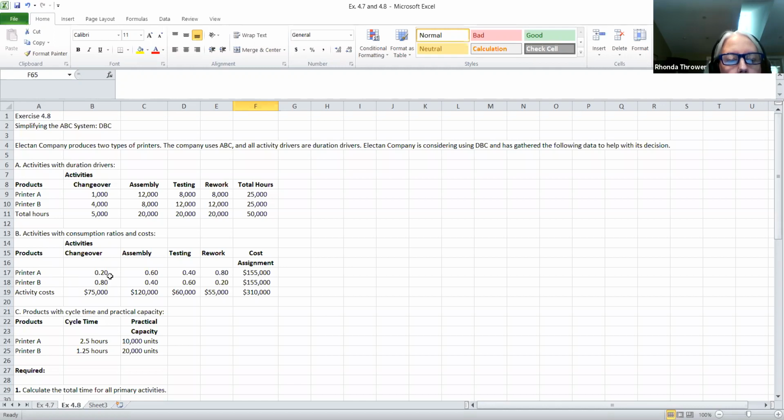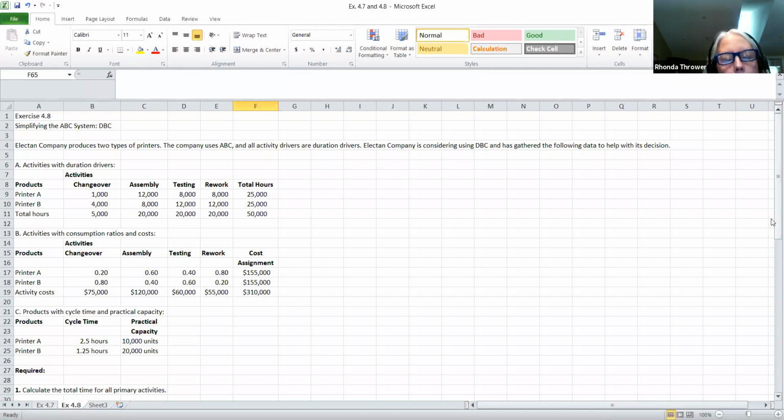For printer A, they used 20%, printer B, they used 80%. For activities changeover, for assembly, they calculated it at 60 and 40%. They've given you all this information here.